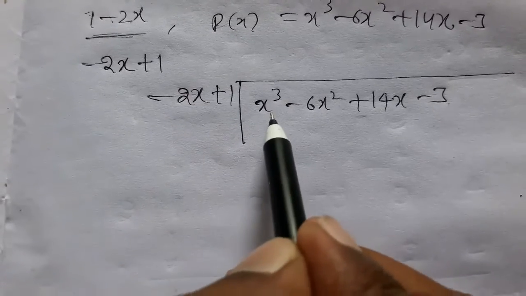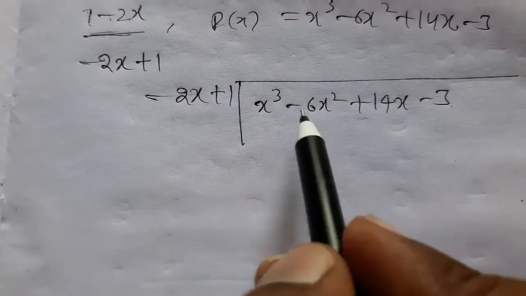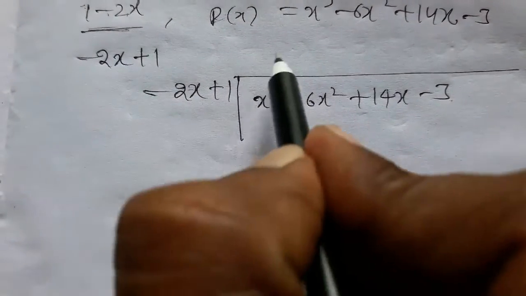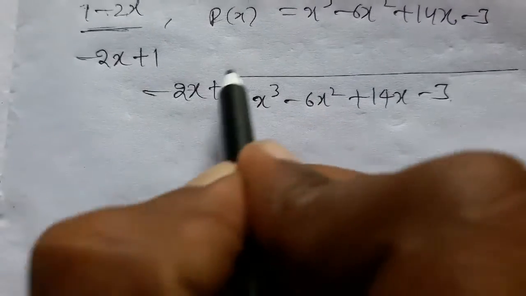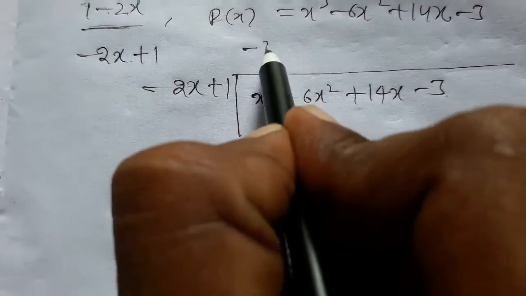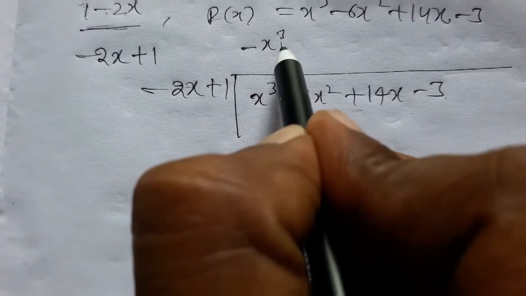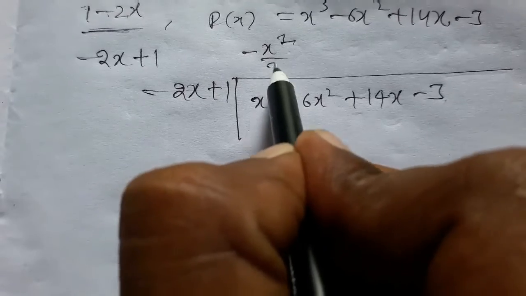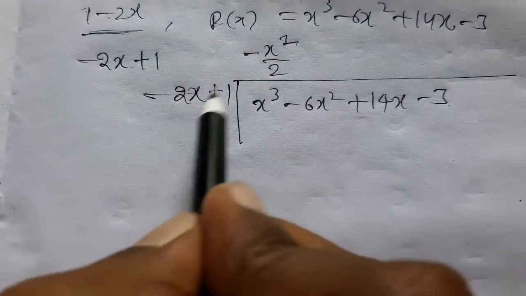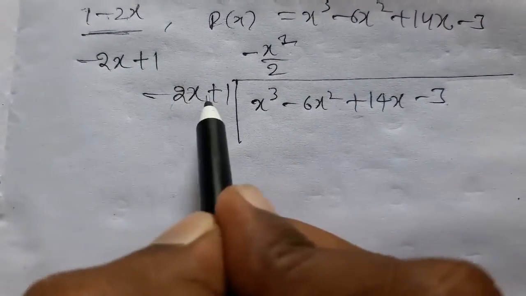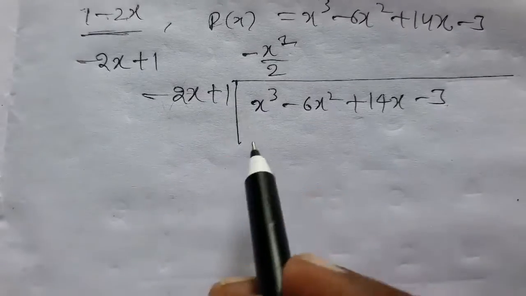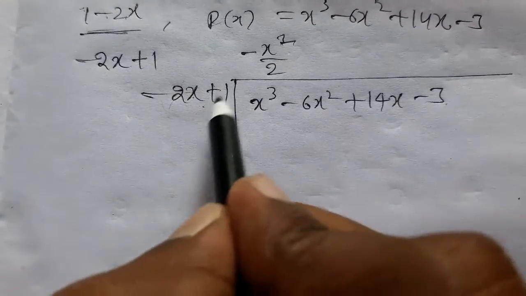Now we need here x cube only, that means minus x square by 2. See here, this 2 cancels and minus minus cancels. Now multiply these two, that becomes, isn't it?